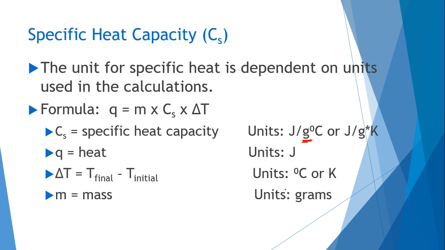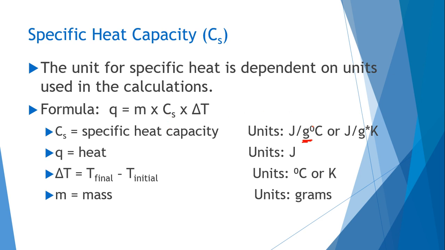So the unit for specific heat is going to be dependent on units for the calculations. Our formula for specific heat is actually rearranged a little bit. Here I have Q, which stands for heat. Again, the units are joules, times specific heat.